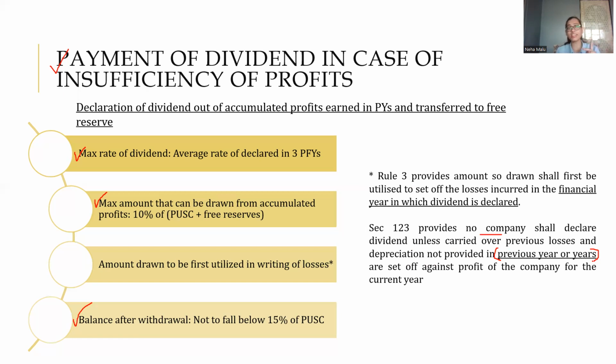However, in the section it is written that the amount withdrawn shall be first utilized in writing off all the losses of the previous year or years. Obviously, what is written in the section should prevail, and our accumulated profit is actually like our khazana. If we are using our khazana, then that is to be first utilized in writing off all the losses, after which we can consider declaring dividend. Therefore, what is written in the section prevails over what is written in the rules.